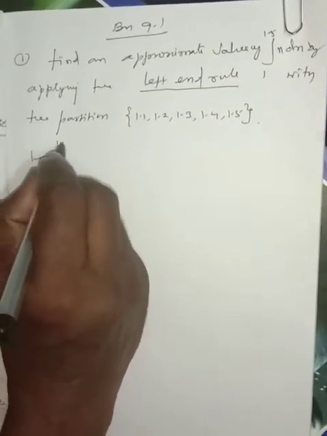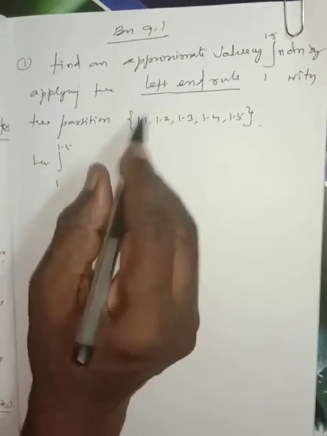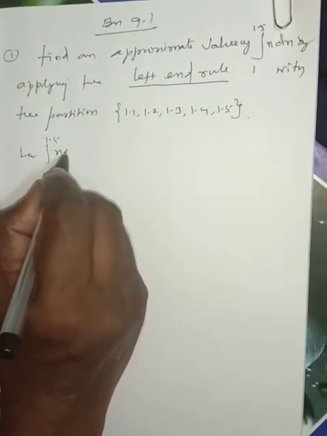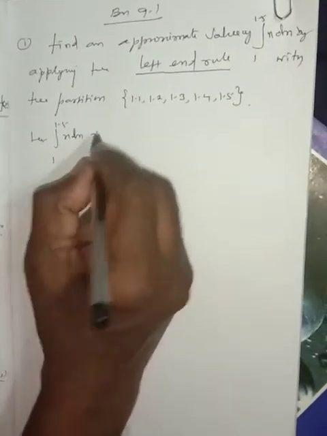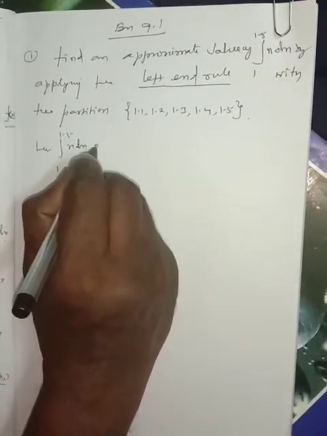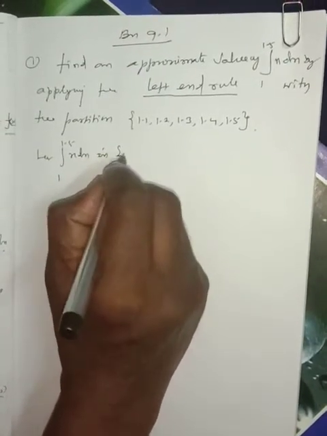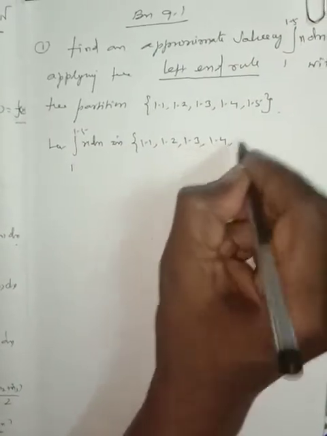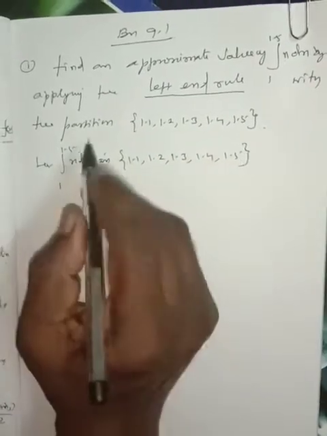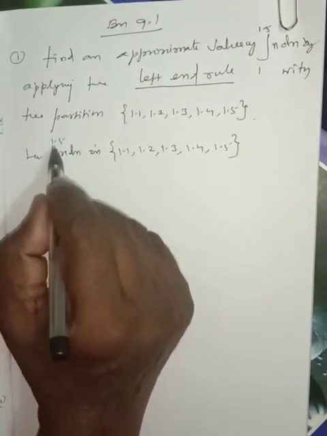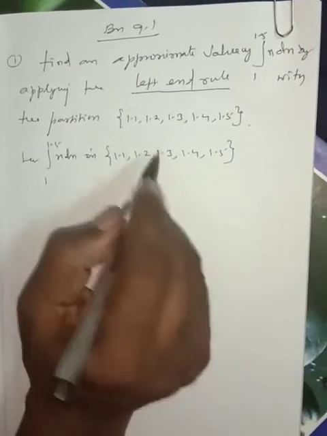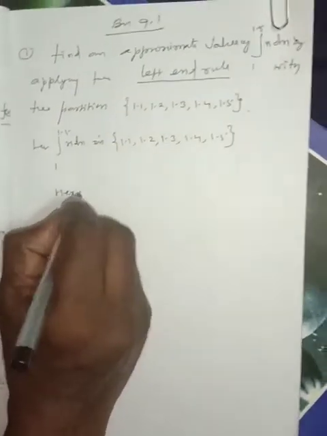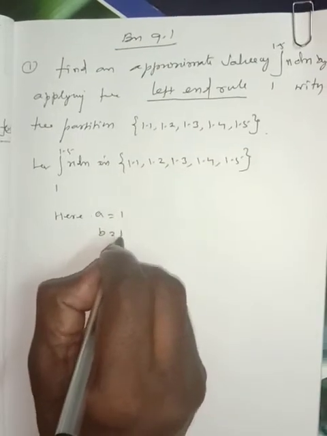Now first, the integral from 1 to 1.5 of f of x dx. In this case f of x is x, so the integral of x dx, with partitions 1.1, 1.2, 1.3, 1.4, 1.5 in between the lower and upper limit. Here a, the lower limit, is 1, and b is 1.5.